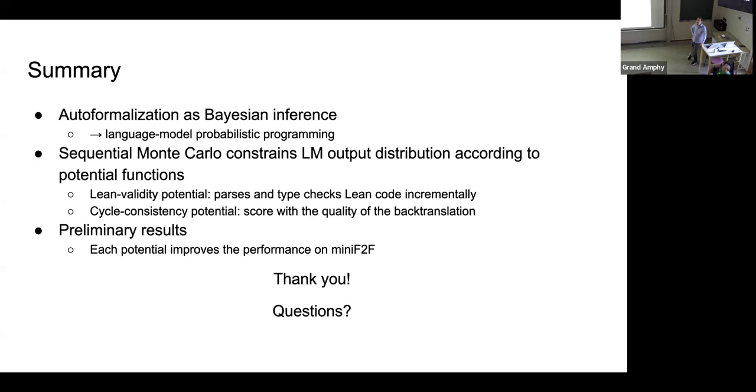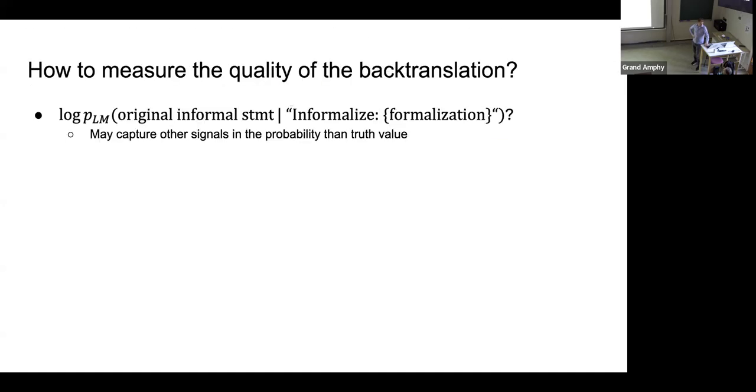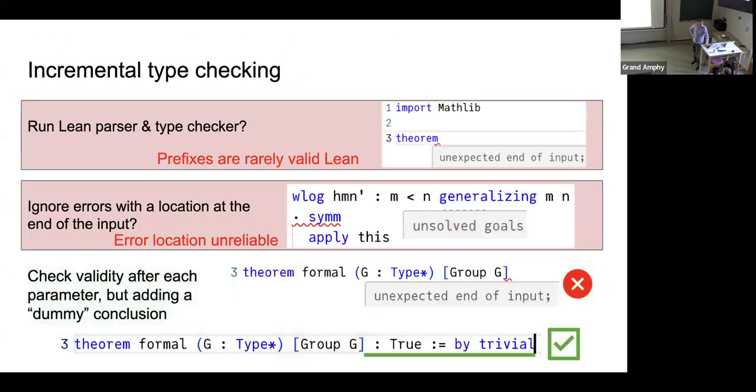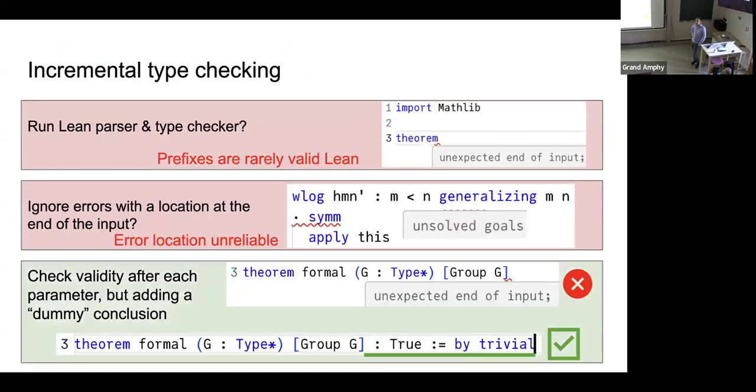This is regarding the incremental type checking part. The solution that you gave just puts true, and the proof is trivial. You said that it's probably not the best way to do it, but why do you think so? I think adding this is fine.